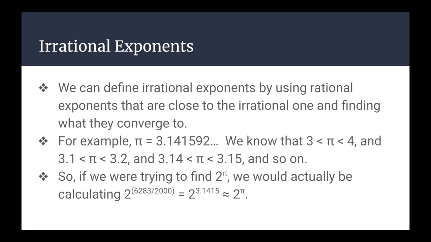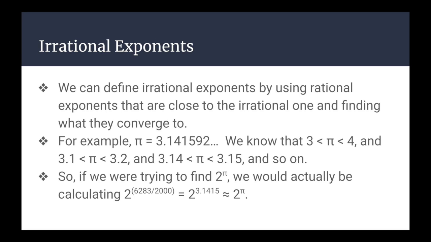So if we were trying to find 2 to the power of pi, we would actually be calculating something that isn't pi, because pi is irrational, but we'd be taking 2 to the power of a rational number that is close to pi. In this case, we'd probably go more decimal places than this, but I have us calculating 2 to the power of a fraction, which is 2 to the power of 6,283 divided by 2,000, which is equal to 2 to the power of 3.1415, which is approximately equal to 2 to the power of pi.